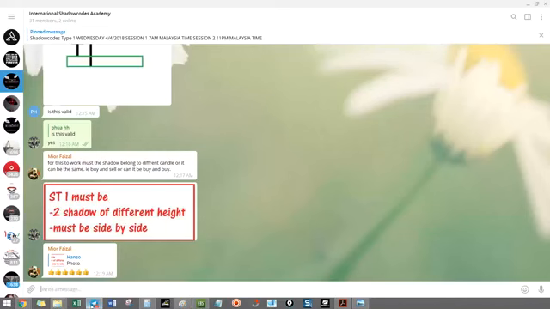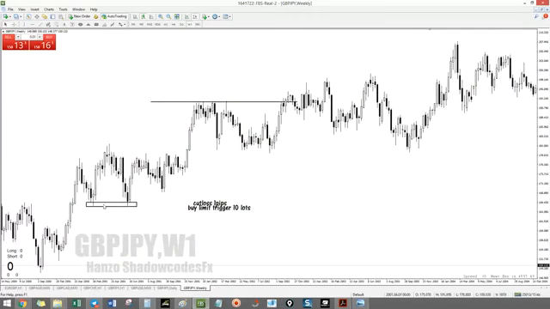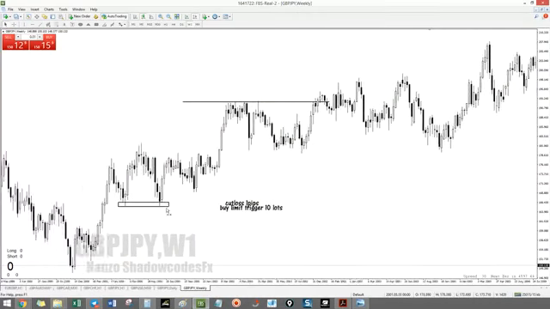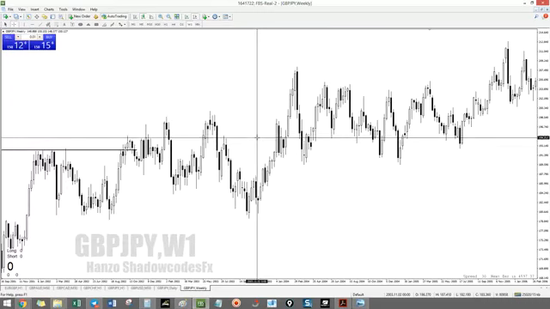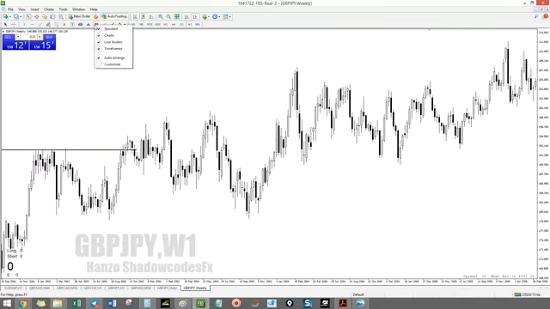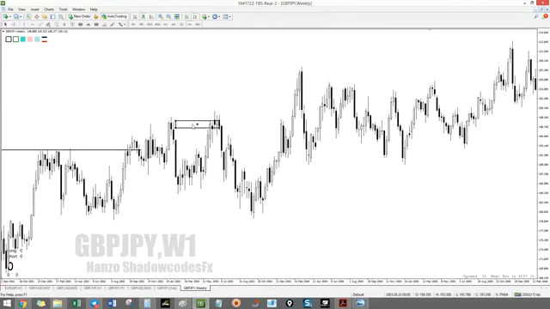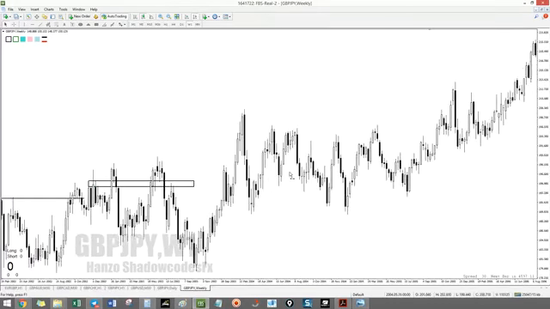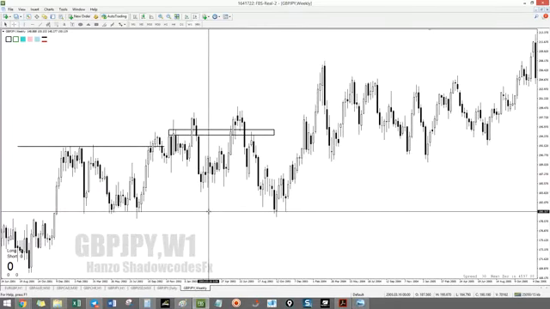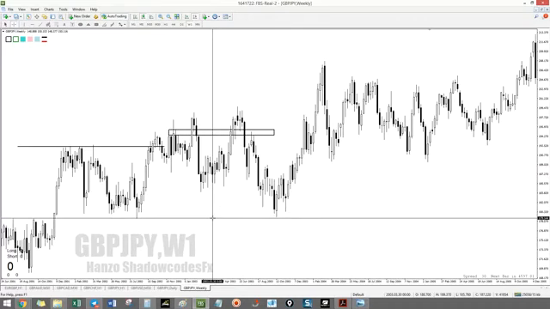Okay, is there any question? No. Okay, so this is a drop base rally, and then you find your entry there. Let's find other setups.